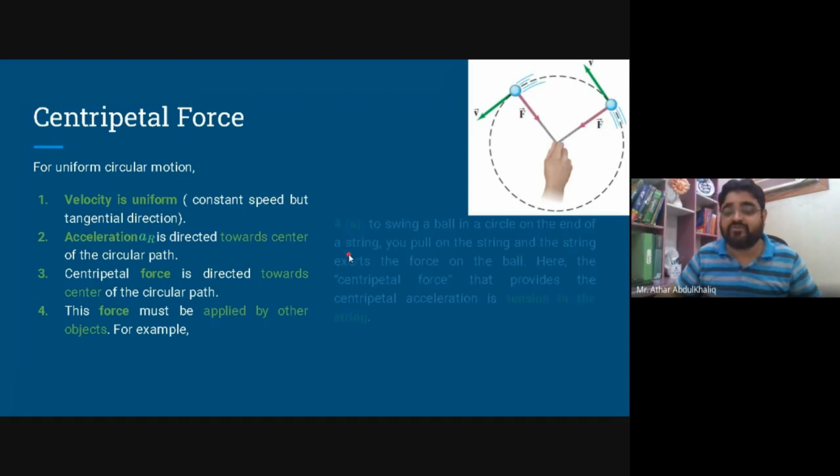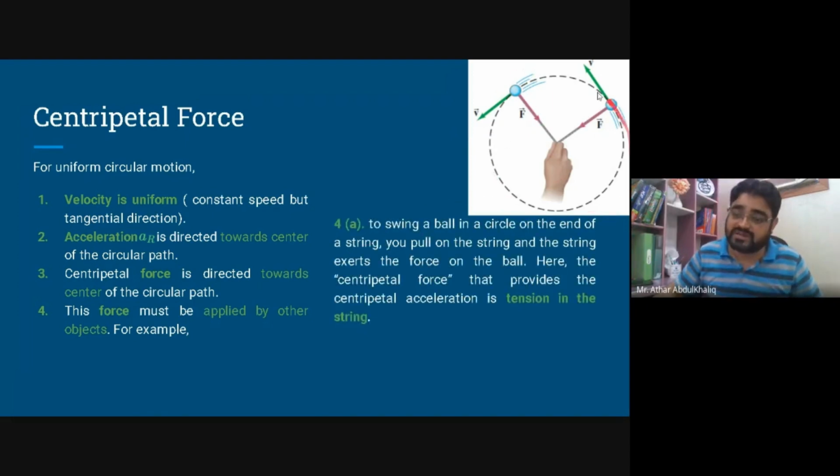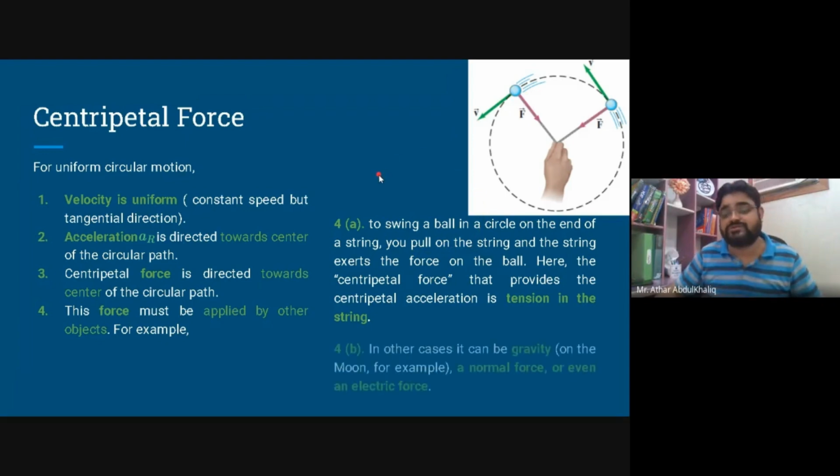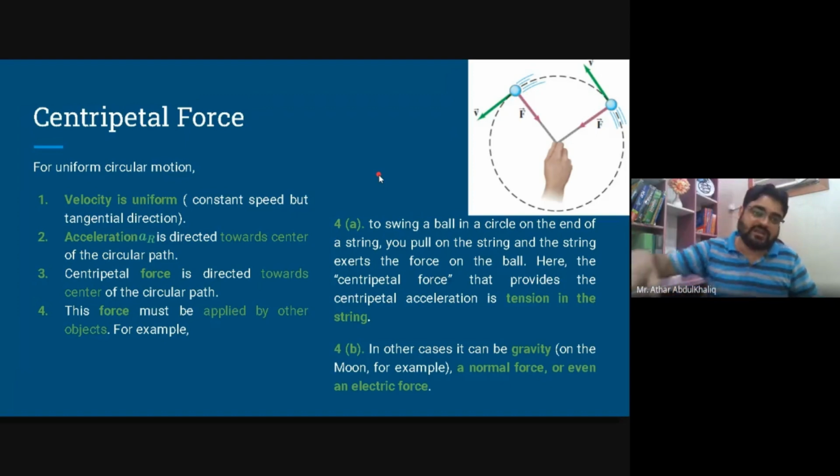For example, if something is moving in a circle attached to a string, the force is from the hand. If something is moving around the earth like the moon, that force is because of the gravity of the earth, not the gravity of the moon. Similarly, if an electron is revolving around the nucleus, this force is the electric force that keeps it rotating.